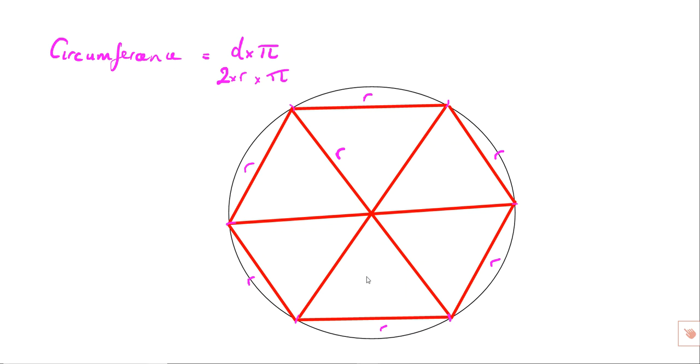But are they? When you constructed them, are they? Yes, and I know why, I can prove that it's the radius.